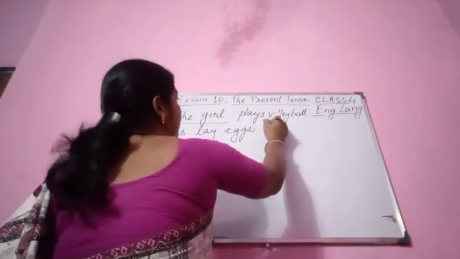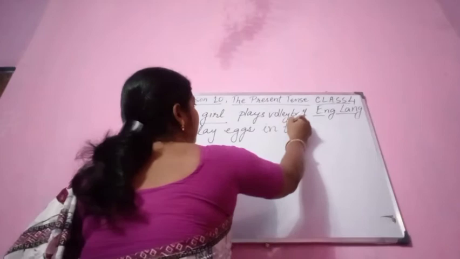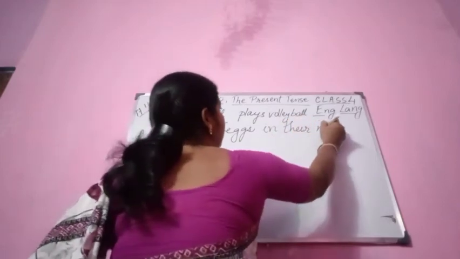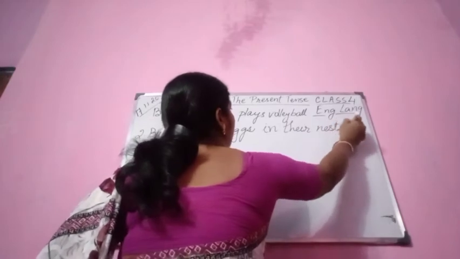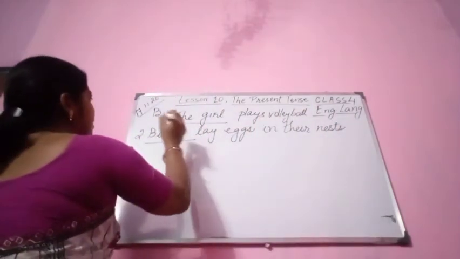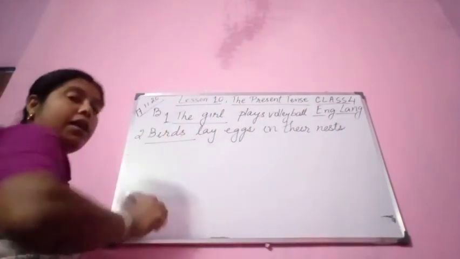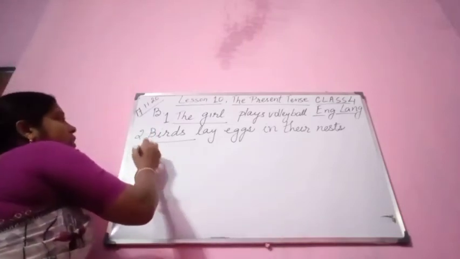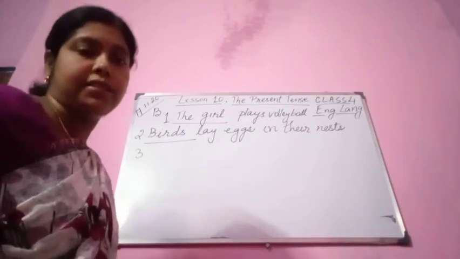Now, why are we using their? Because birds are there. In their nests. So you see we are changing a bird into birds. Birds lay eggs in their nests.